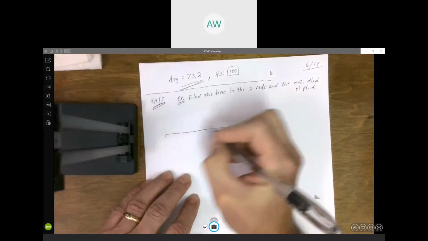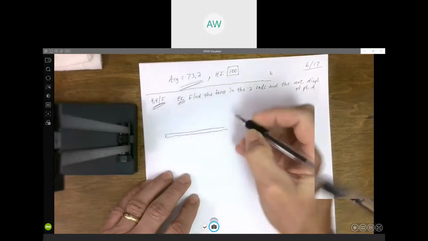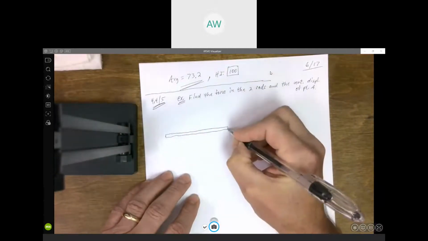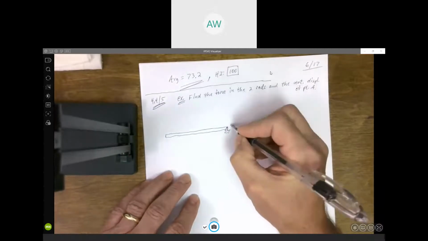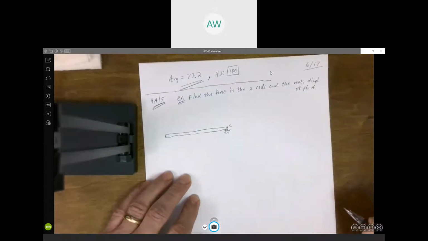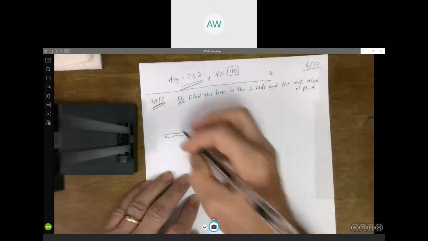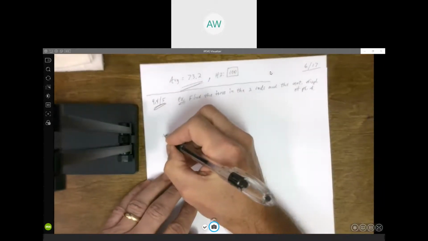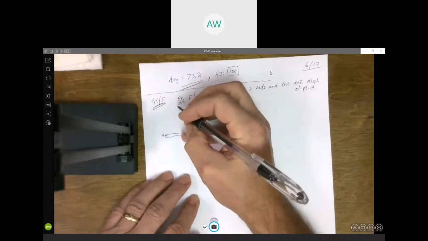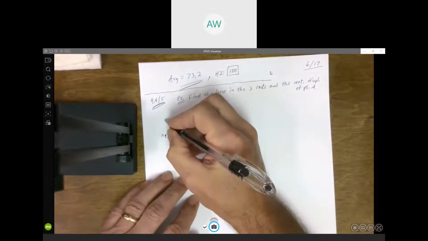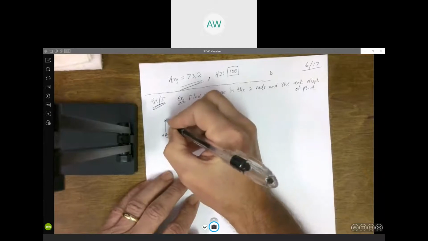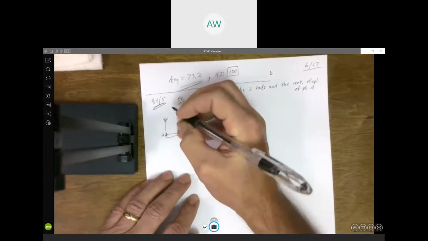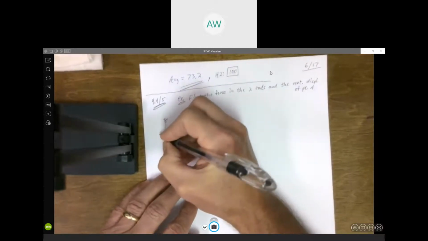We've got this horizontal beam, and it's supported with a pin support at the right end, point C. Out at this end, we've got a rod that's attached. It's 1 meter long.